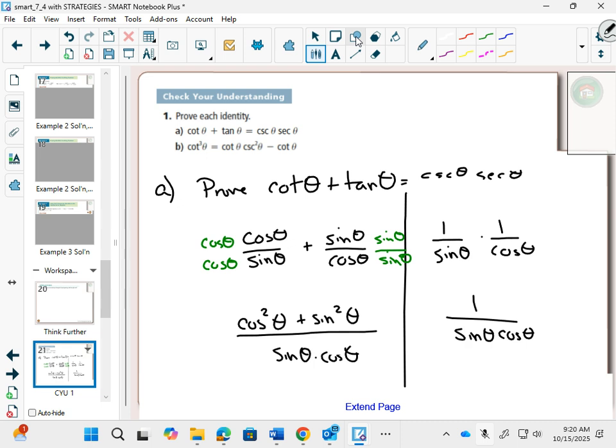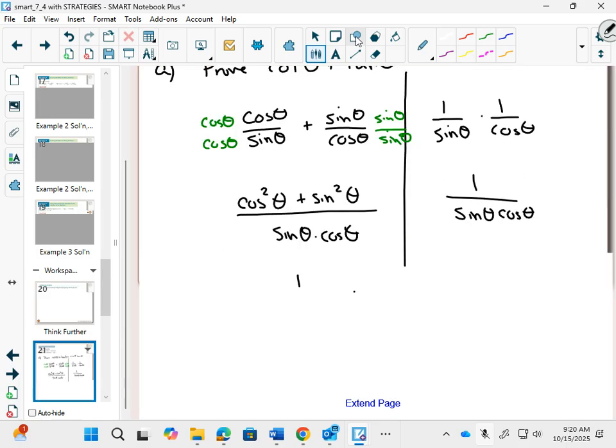And you definitely can sort of use the other side. Is there a possible way I could change cos squared theta plus sine squared theta to 1? Absolutely. We have that as one of our Pythagorean identities. You're allowed to just change it to 1. And now make our statement that the left side is equal to the right side. And we are all done.